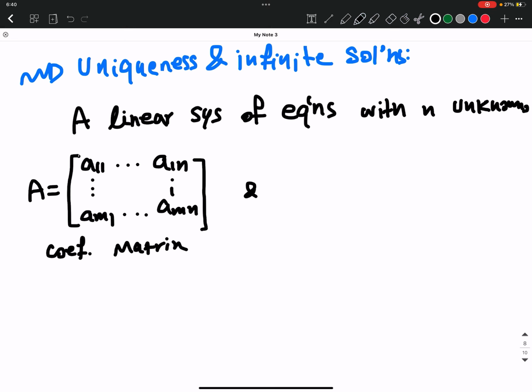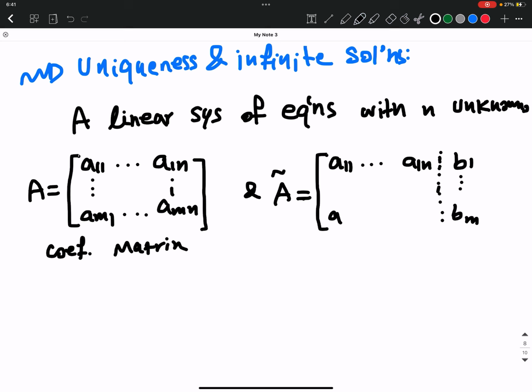And we can also define the augmented matrix of that, and we show it typically with this tilde, where we have A11 up to A1n, and then we also have B1 up to BM, and this would be AM1 up to AMN.